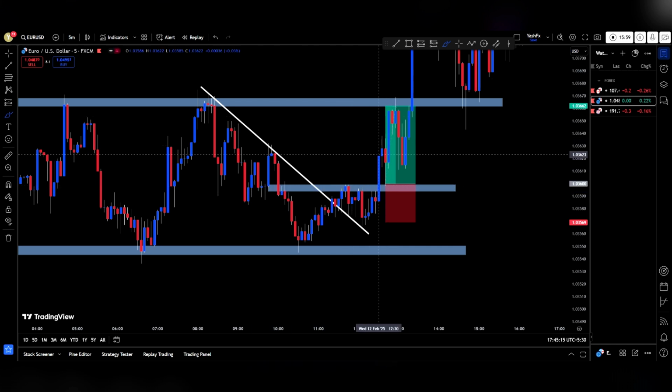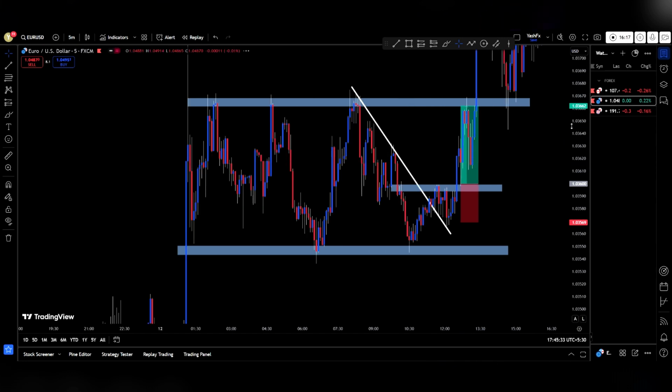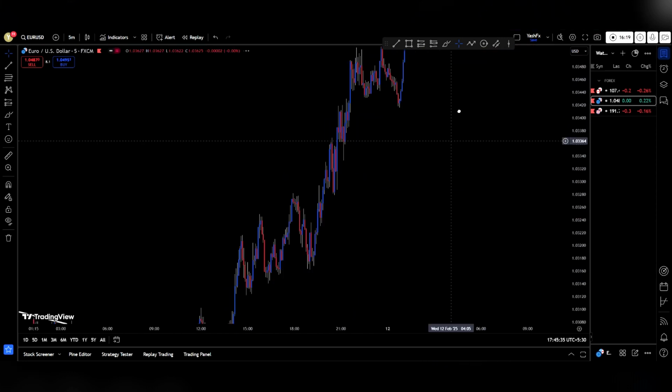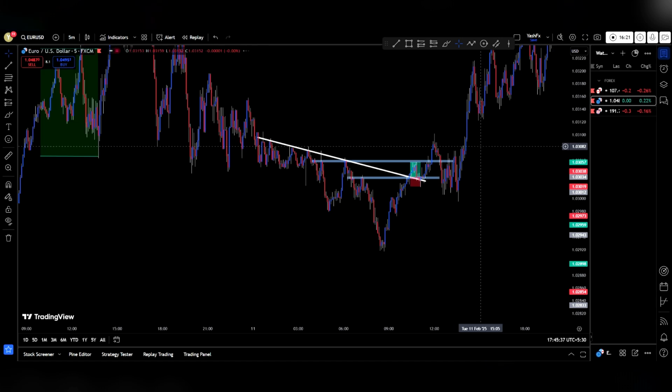Once this resistance area gets broken, but here was a very big candle of buyers, so I thought if I would enter at this place, it would be a bad entry, and I waited, and there was a retest of this zone, so I entered on this retest, and it was 2% gain on this retest.